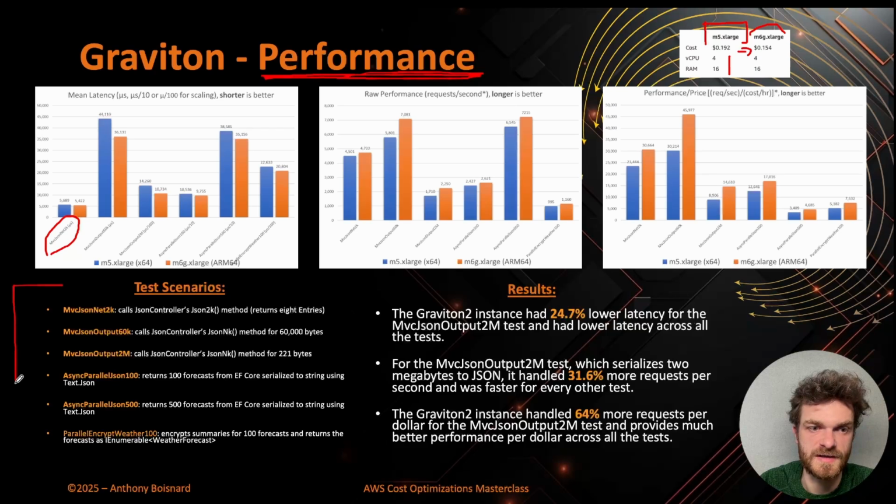So you have the full list here if you want to read it. But for each of the scenarios, the latency will be less for Graviton instances, and the performance will be better, up to 31% here. So at the end, the price performance is a lot better for Graviton instances, up to 64% for one test.